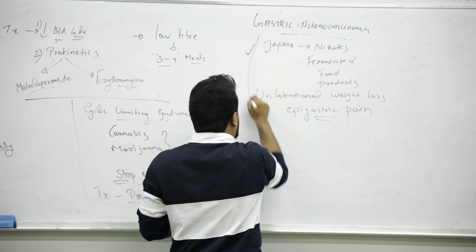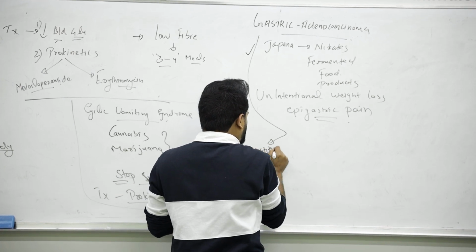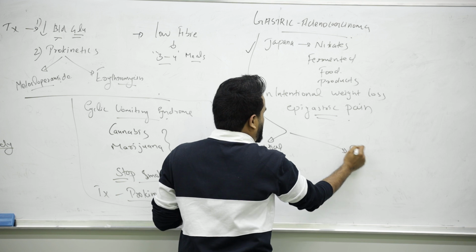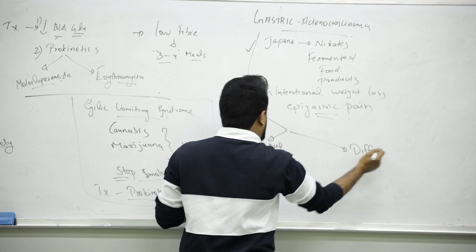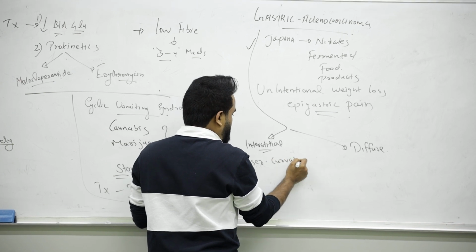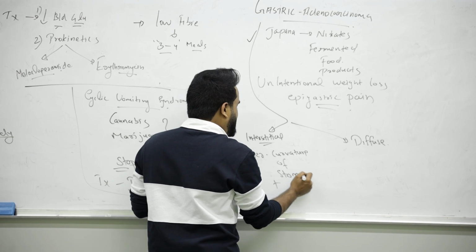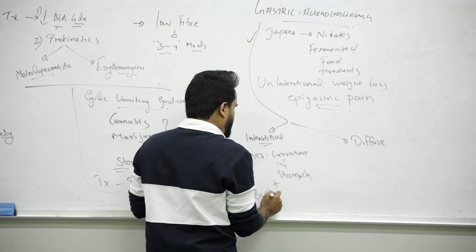We can classify this histologically into 2. One is called intestinal, the other is called diffuse. Intestinal means it will affect the lesser curvature of the stomach, and it looks bulky, glandular.